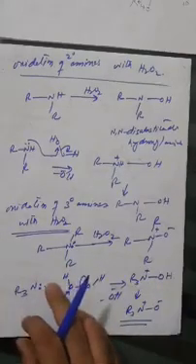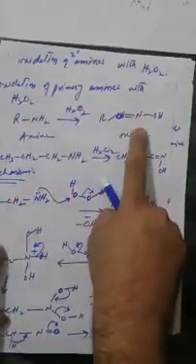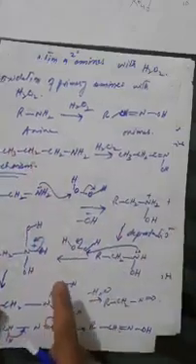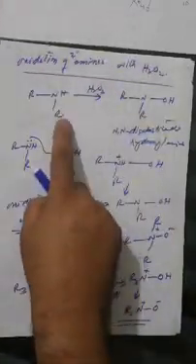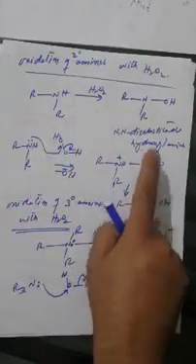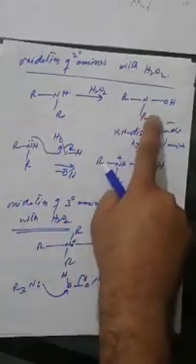So what we have learned is that primary amines react with hydrogen peroxide and the final product is oximes. When secondary amine reacts with hydrogen peroxide, your final product is the hydroxylamine type derivatives.